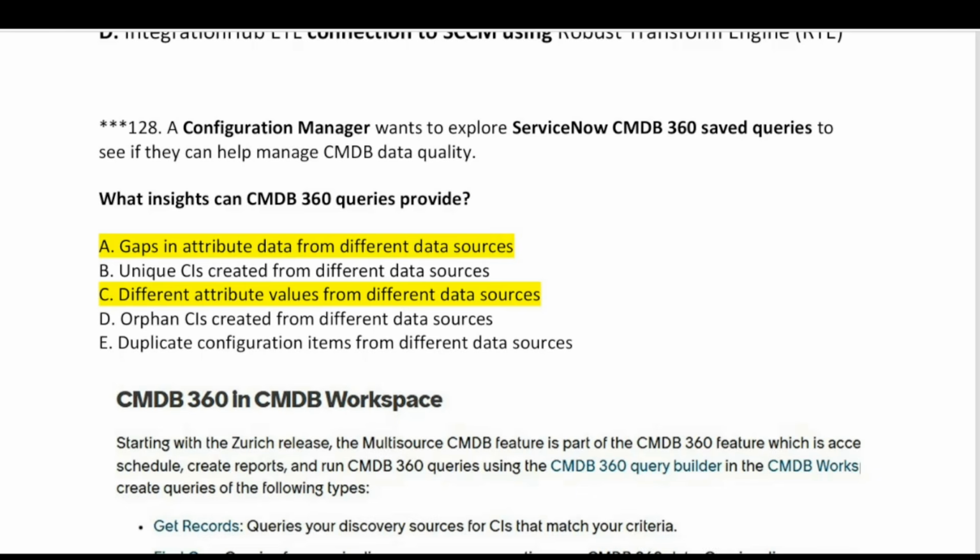Option B, unique CIs created from different data sources. Option C, different attribute values from different data sources. Option D, orphan CIs created from different data sources. Option E, duplicate configuration items from different data sources. Correct answer is option A and option C.